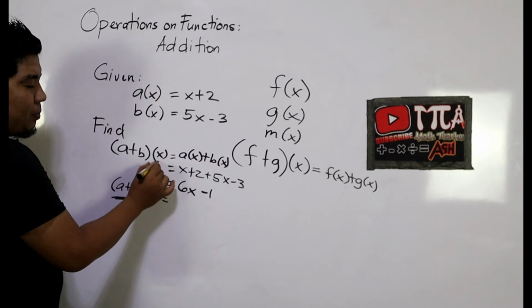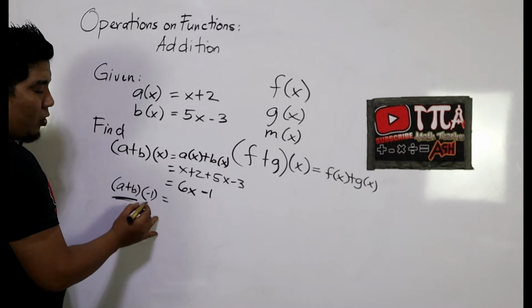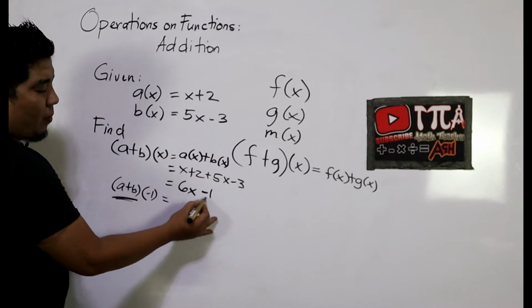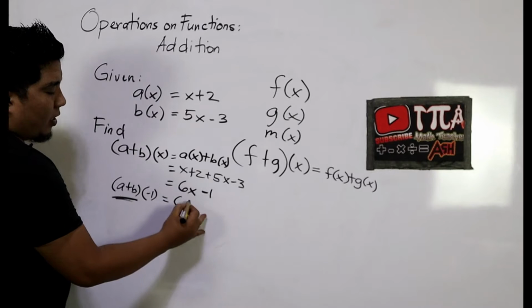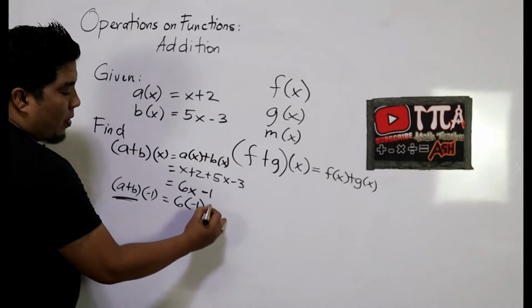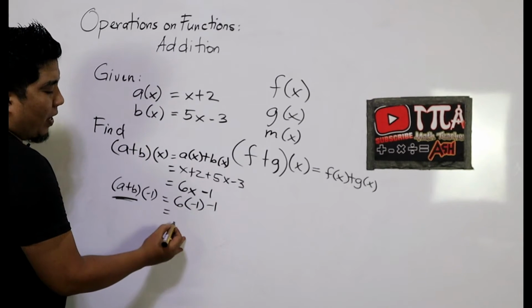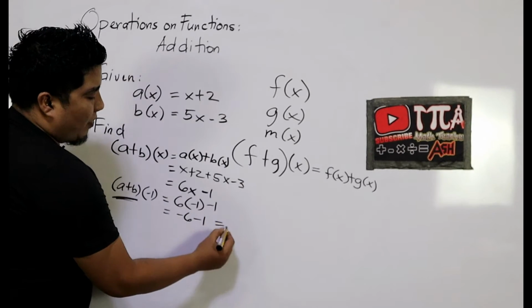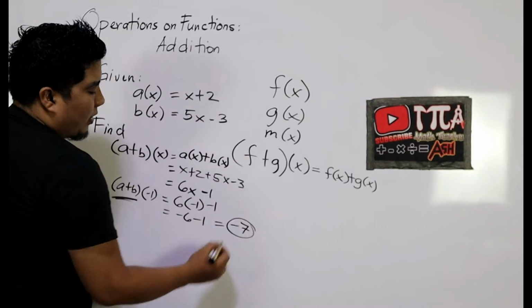So, by substituting x by negative 1, technically what we need to do is just substitute negative 1 into our expression here, giving us 6 times negative 1 minus 1. And by simplifying, 6 times negative 1, that is negative 6 minus 1. So we have a final answer of negative 7.